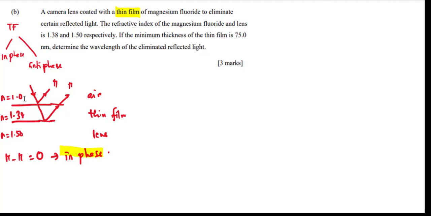Next, we have to determine whether it is constructive or destructive interference. From the question here, we can see that it is to eliminate certain reflected light. What does that mean? It means that the light is gone, missing, right? So that means it is a destructive interference.